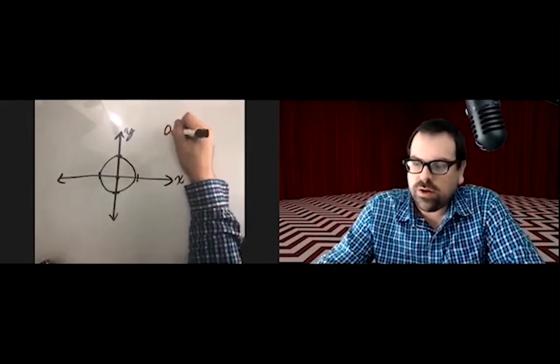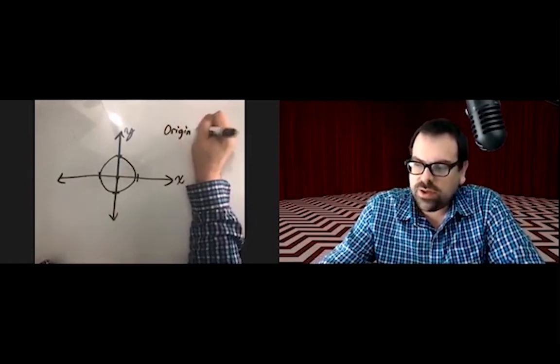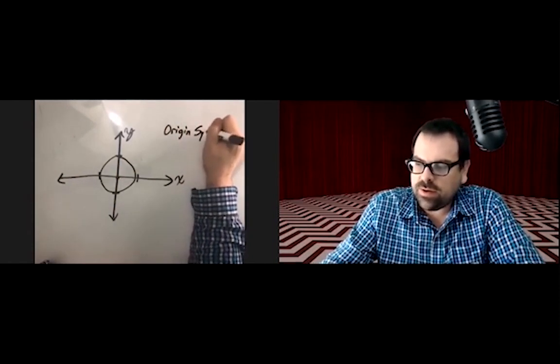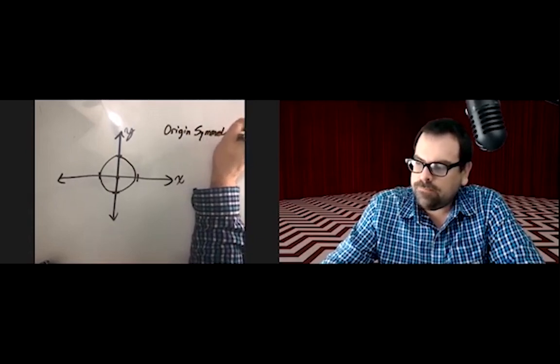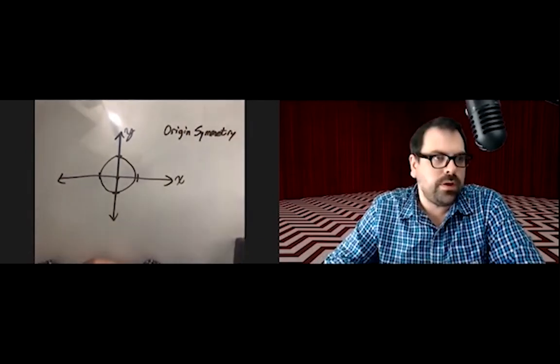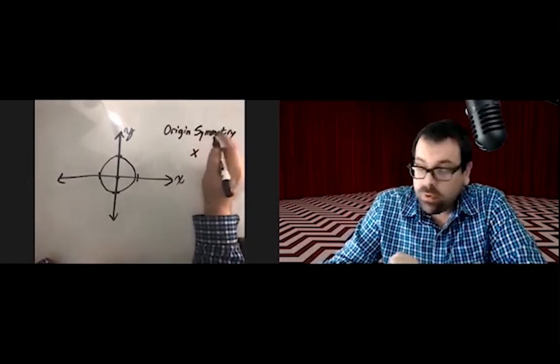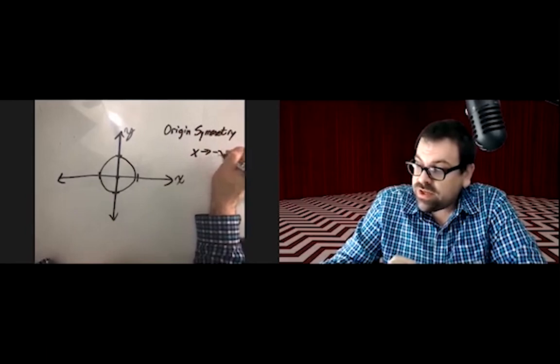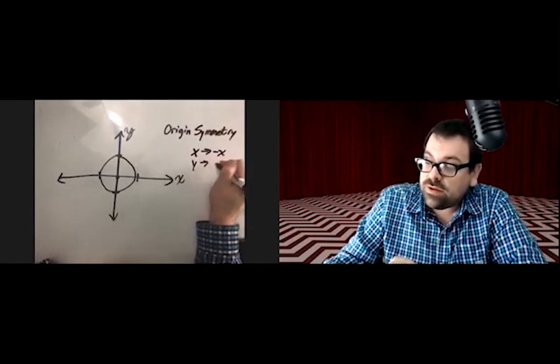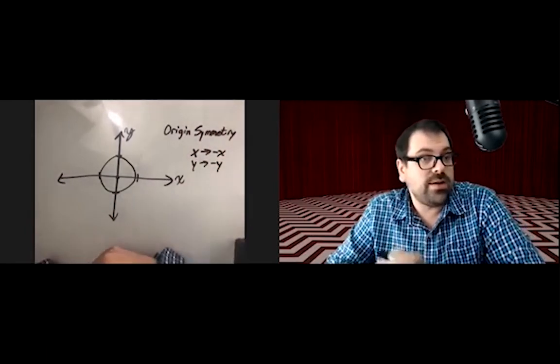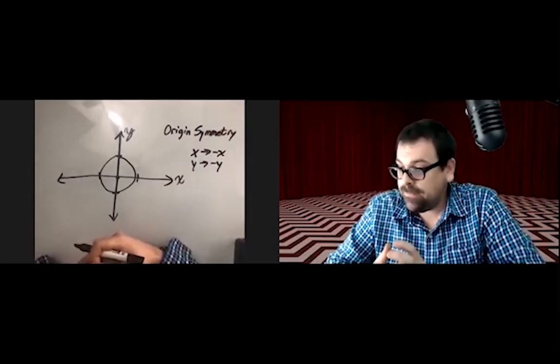We're going to call it origin symmetry. And the test for origin symmetry is that we're going to replace both x with negative x and y with negative y, and we're going to get the same thing back.